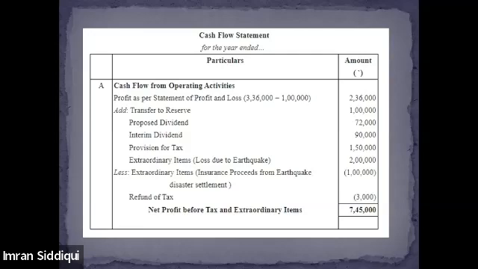All right. Done. And one more thing, refund of taxes needs to be subtracted as well. Why? Because this is also not an ordinary income. Therefore, we need to subtract it, 3,000. By doing this, we'll be getting the final answer of 7,45,000.